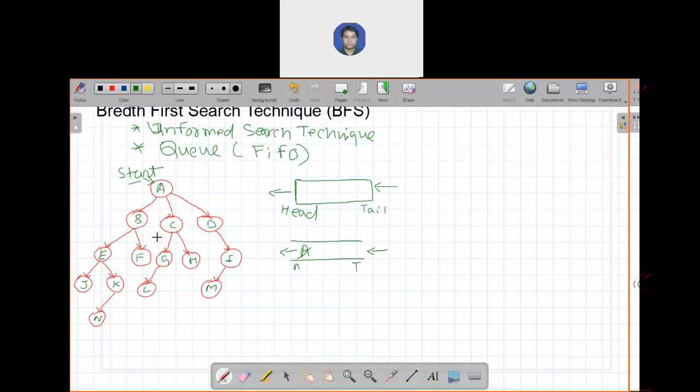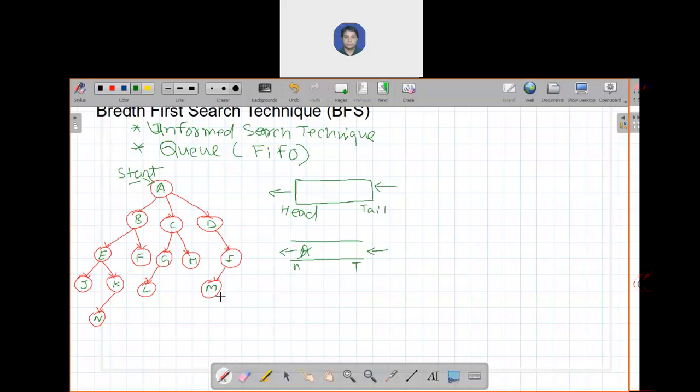From state A we can explore states B, C and D. These are the 3 possible nodes. We can enter these 3 states in any order. There is no need to always follow one order like B, C, D. You can enter D first, then C and B, or C first, then D. In any order you can insert these nodes into your queue from the tail.